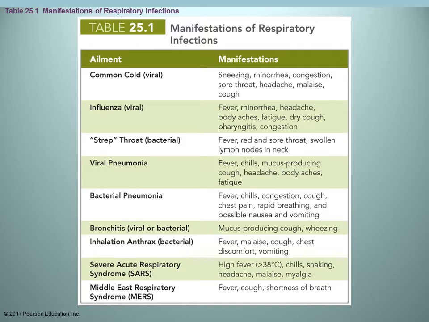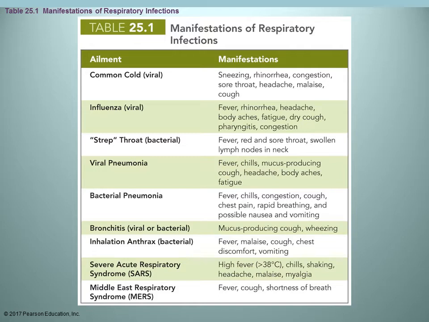You're going to notice that there's a lot of different diseases that can be caused by some of these viruses. A lot of these are going to be respiratory infections. And in this table, it is showing you some of the, for respiratory infections, various types of specific diseases or manifestations of them as well.